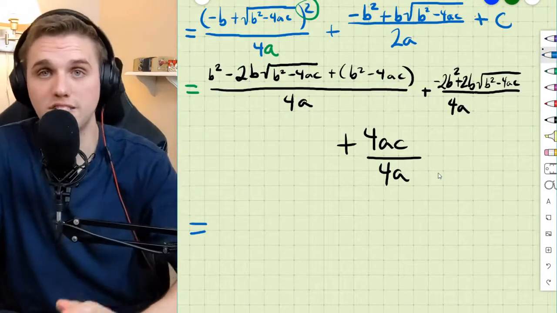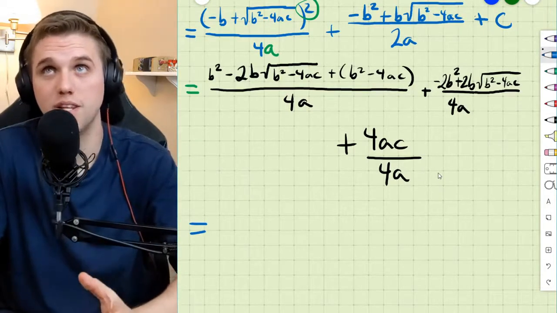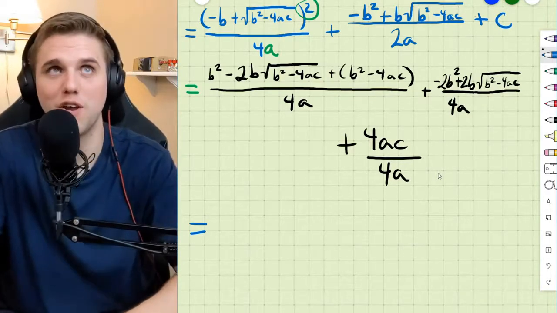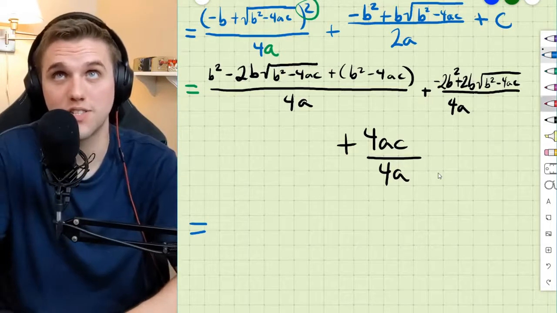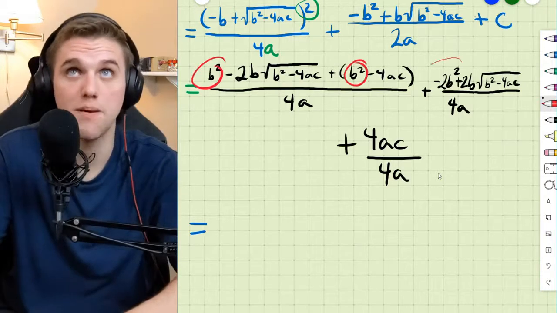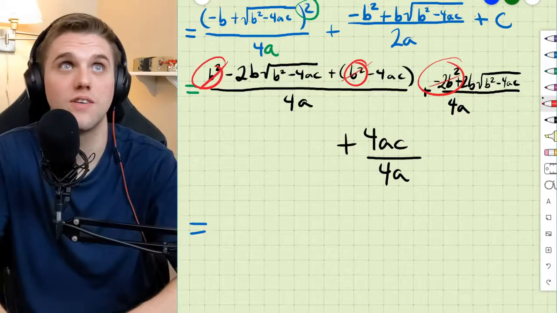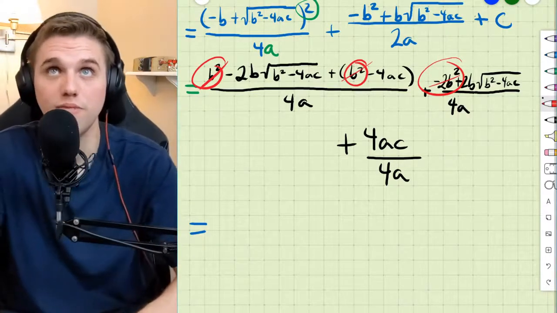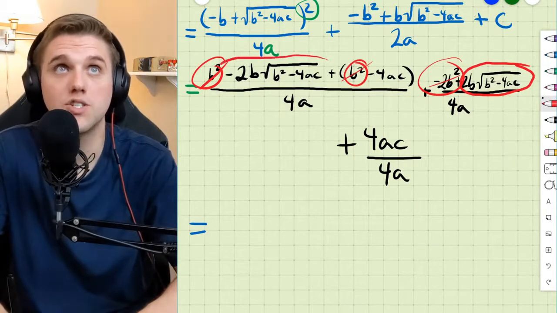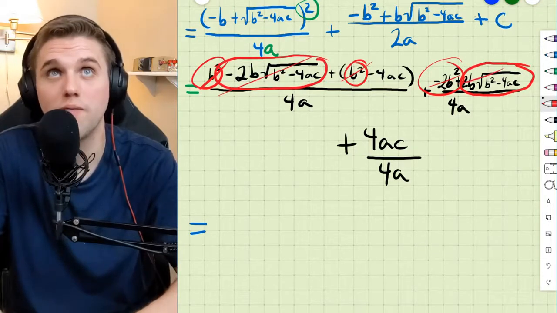Okay, so let's simplify this. Now that we have every fraction with the same denominator, adding across numerators is pretty straightforward. So let's cancel some things. For example, b squared plus another b squared, but then minus 2 of those b squareds leaves you with 0 b squareds left. 2b times the square root of b squared minus 4ac minus 2b times the square root of b squared minus 4ac is just 0.